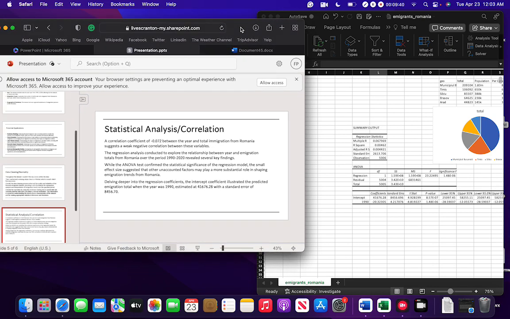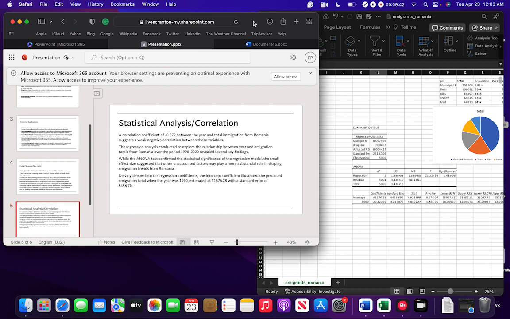Diving deeper into regression coefficients, the intercept coefficient illustrates the predicted immigration total when the year was 1990, estimated at 41,676 with a standard error of 8,456. Additionally, the coefficient for the year variable revealed a significant negative relationship, suggesting that every 1 unit increase in the year, immigration totals decrease by 20.3 units.